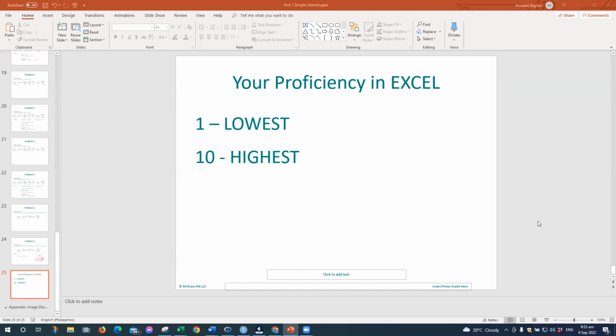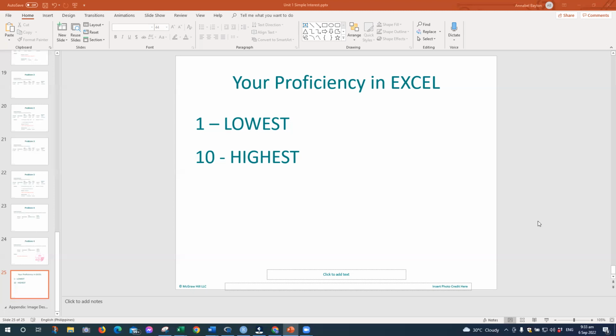In this class, we're going to really make use of Excel as our primary tool in solving quantitative problems. Your exams will also be, of course, you will be allowed to use Excel. Definitely, because that's the tool that we're using. I have another class in the afternoon, but that's face-to-face.